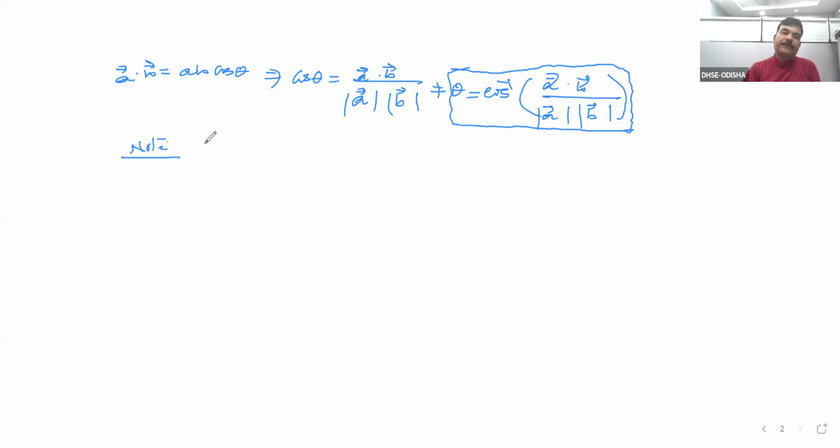A dot A is equal to A square. So this implies, for the mutually perpendicular unit vectors, I dot I is equal to 1, J dot J is equal to 1, and K dot K is equal to 1.